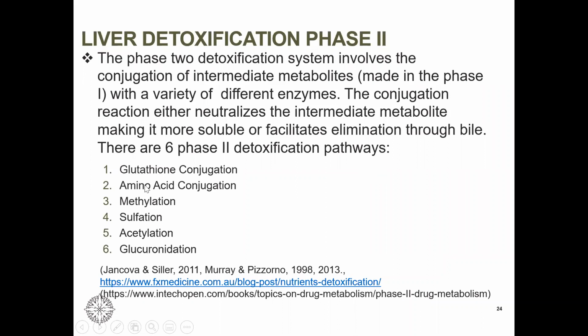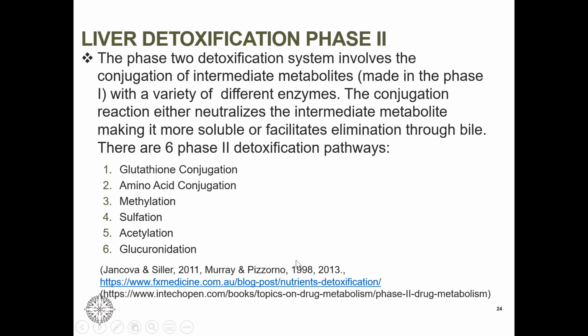Now, as I mentioned earlier, there are 6 conjugation pathways. And the first one you can see is glutathione. Then we have amino acid conjugation, methylation, sulfation, acetylation, and glucuronidation.